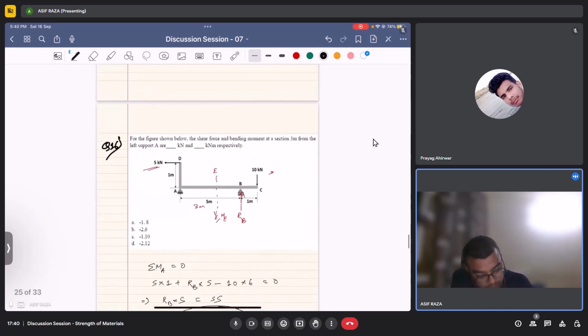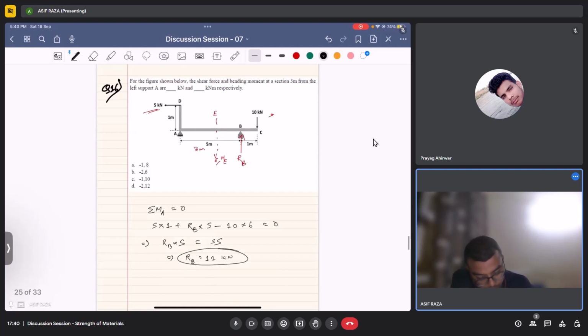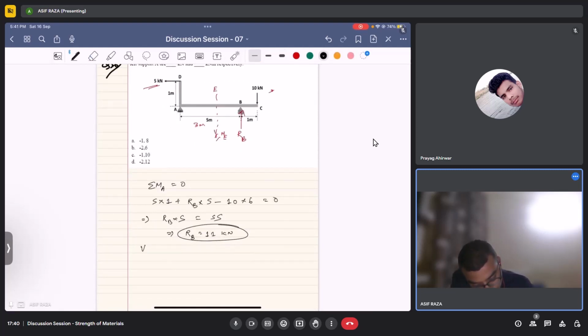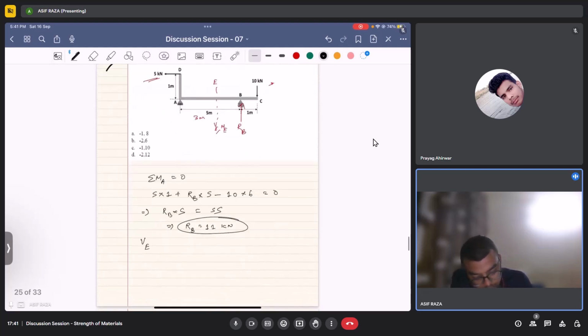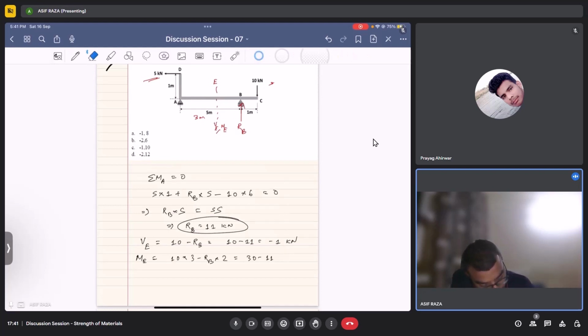To calculate shear force and bending moment at a section 3 meters from the left support, VE would be equal to 10 minus RB, 10 minus 11, that is minus 1 kilonewton, and moment at E would be 10 into 3 minus RB into 2, and this would be equal to 30 minus 11 into 2, 30 minus 22, 8 kilonewton meter.